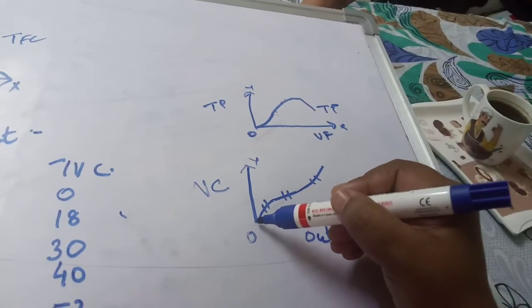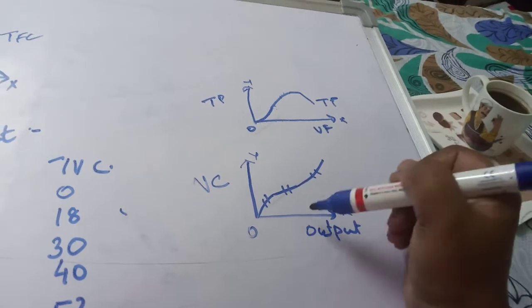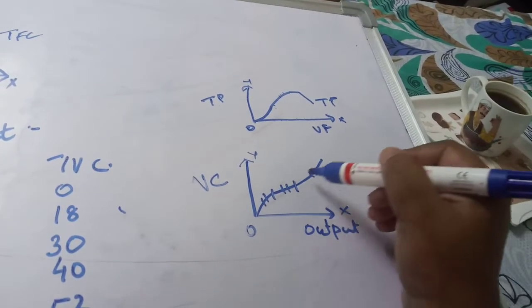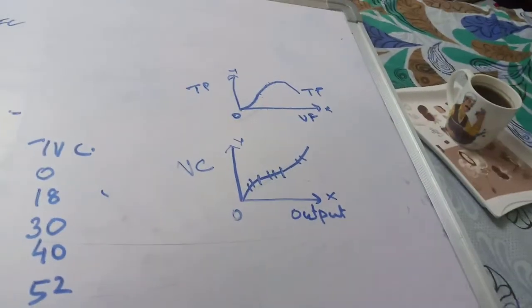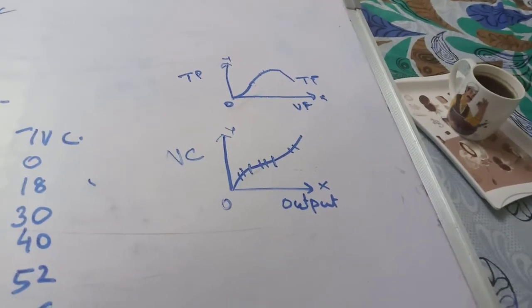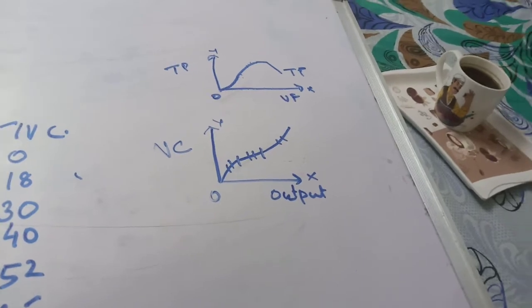So the variable cost first increases at diminishing rate, then it increases at constant rate, and then it increases at increasing rate again. So I'm going to change the colors of these stages so that you can see very clearly what is happening.